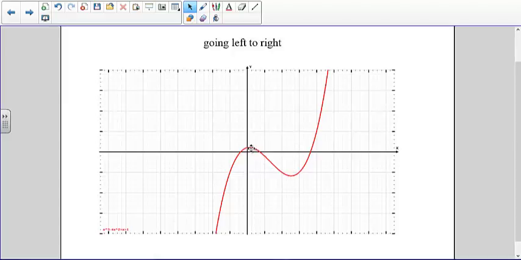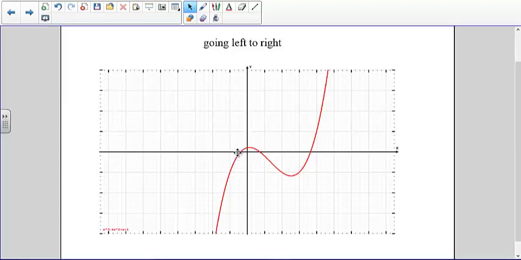So even though this is positive, it's getting closer to 0, and then when you get to 0, it becomes more negative, more negative. We reach this point. At that point, we're increasing again, because even though the function is negative, we're getting closer to y equals 0, and then we keep going up. We'll come back to this in calculus.